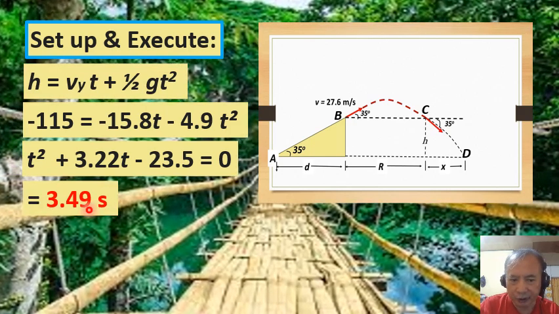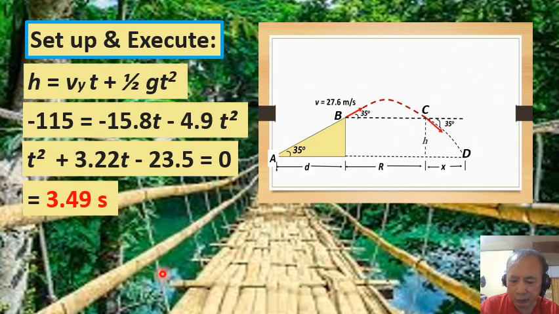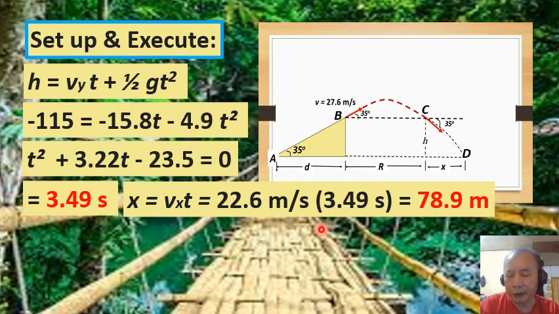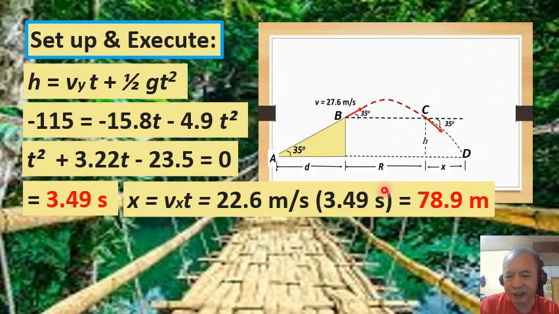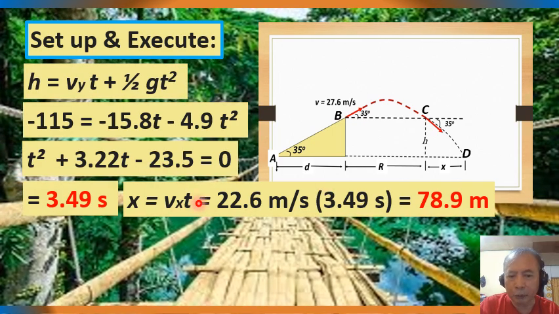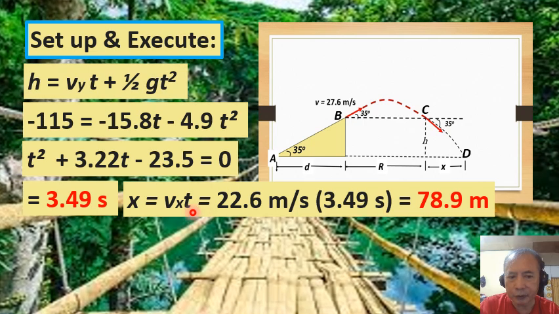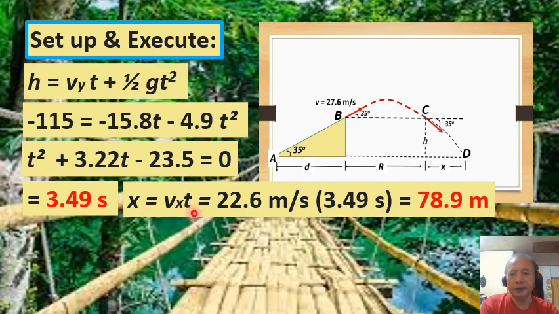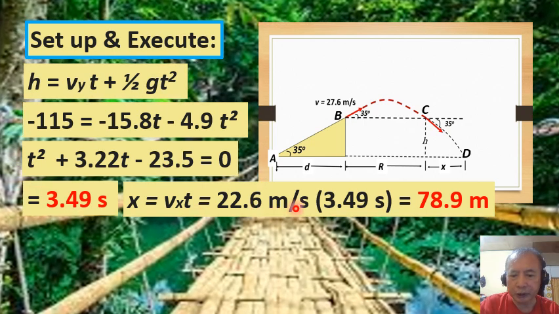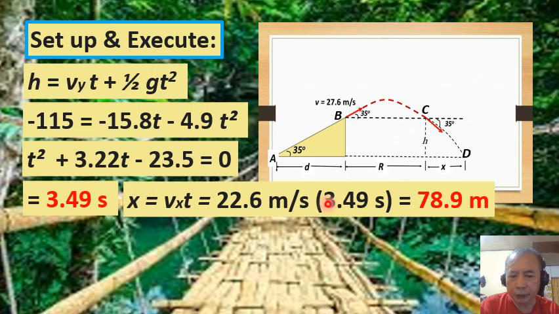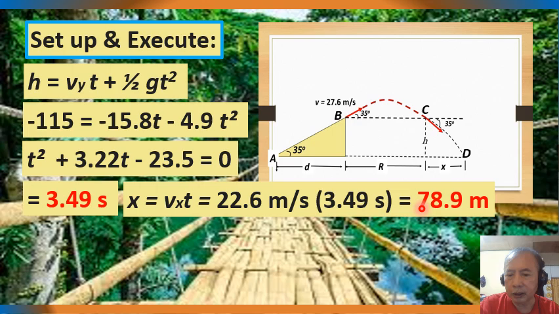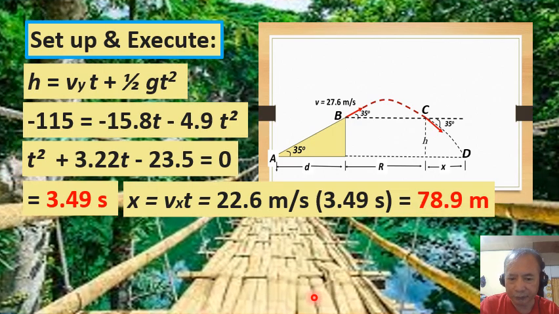And using that time t, we can proceed in computing the value of the distance x. All right? Simply equal to the product of the x component of the velocity, which we also have computed earlier, and then multiply it by the computed time. That is 22.6 meters per second multiplied by 3.49 seconds. We will arrive at the value of x equal to 78.9 meters, right?